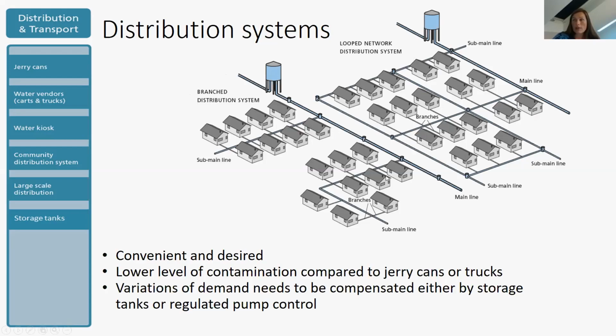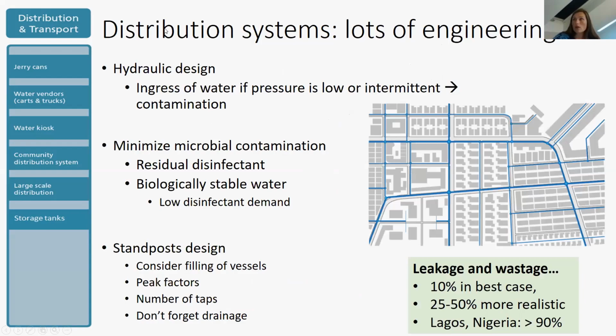If you have storage tanks as part of the distribution network, usually that can compensate for some variations in the need and demand of the system. Sometimes there are also pumps which are able to regulate the system without a storage tank, but this is less common. I think the most important thing to know about distribution systems is that it's a lot of engineering.